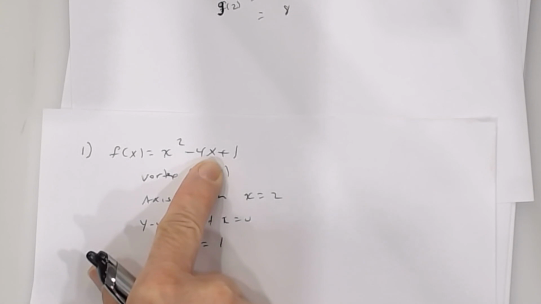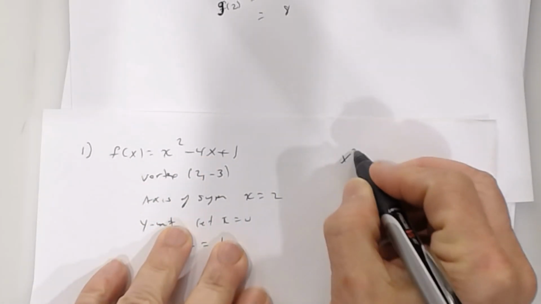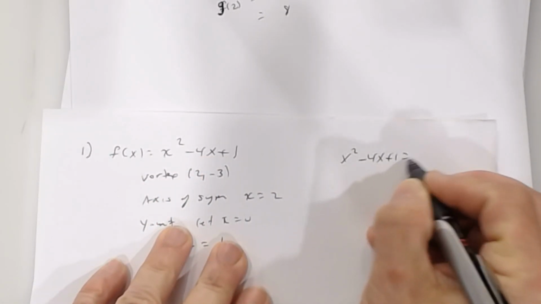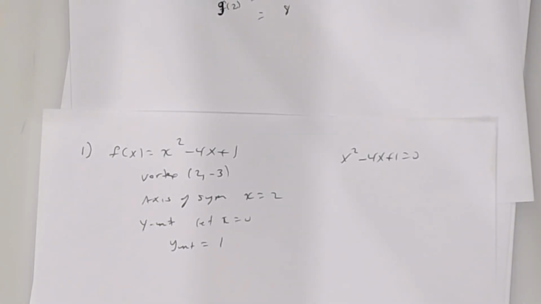If I asked you what's x squared minus 4x plus 1 equals 0, what did you use to solve that equation? It's not factorable. Quadratic formula. This is not factorable, by the way. So if I'm going to find the x-intercept, I would have to use the quadratic formula.